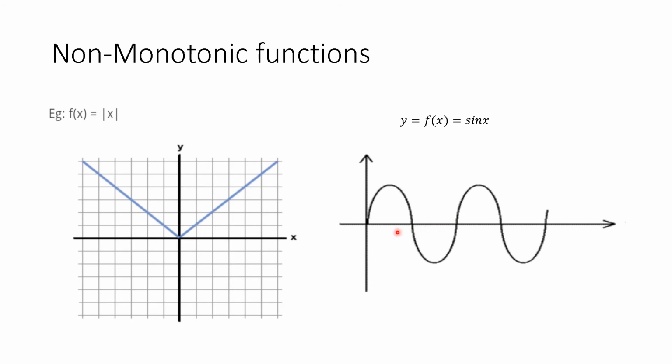That means in a few intervals the function is increasing, and in a few intervals the function is decreasing. So this type of functions we call non-monotonic functions or not monotonic functions.